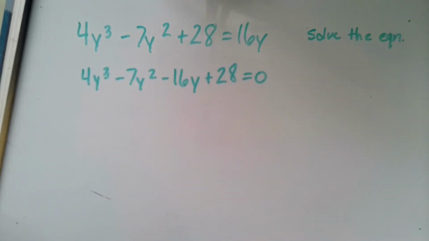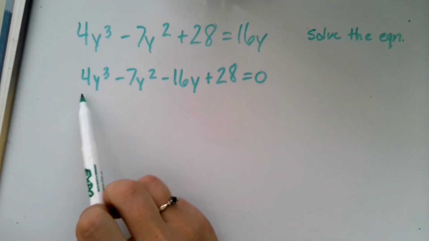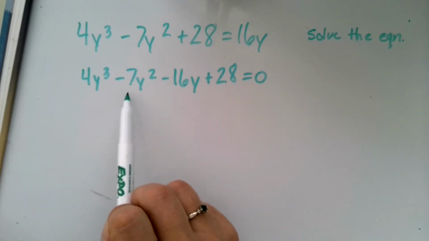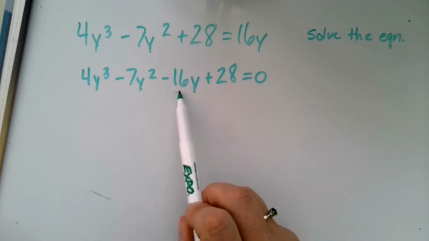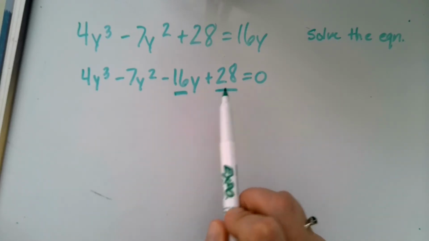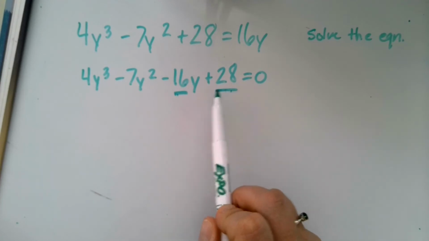We have 4 terms, and that's our first clue that we are going to have to factor this by grouping. As I look at this, I'm looking for any kind of structure that tells me that this is similar. Here we have 4 minus 7, and I'm noticing that this has 4 and 7 in it if we take a 4 out.